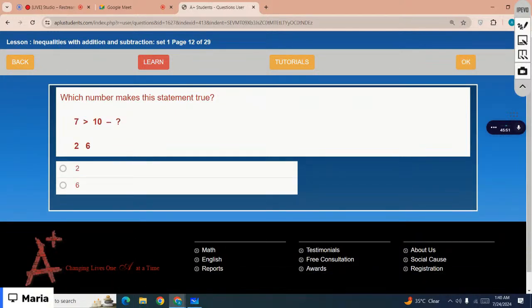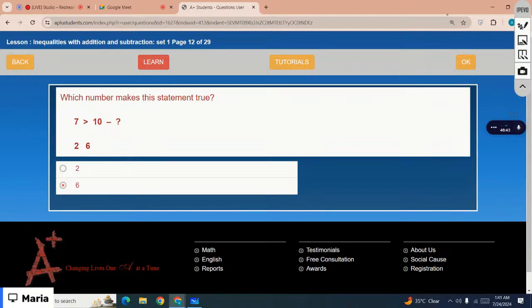Which number makes the statement true? 7 is greater than which? That is 6, right?